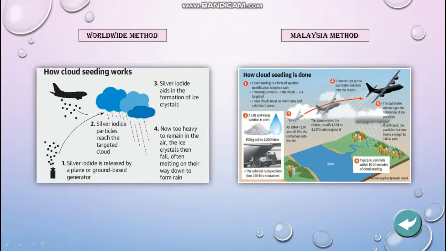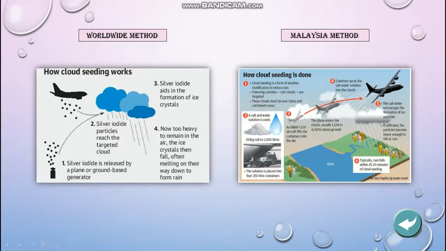The solution is placed into four 250-liter containers. Third, an RMAF C-130 aircraft lifts the containers into the sky. Then the plane enters the cloud, usually 5,524 to 4,267 meters above ground.